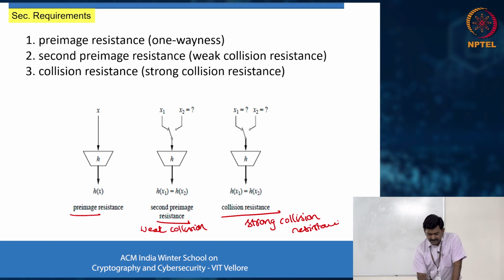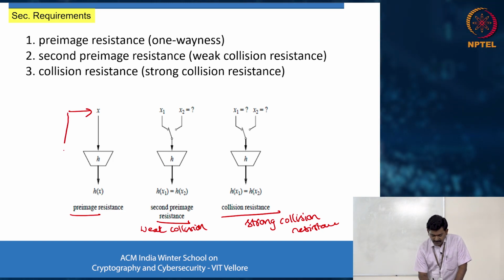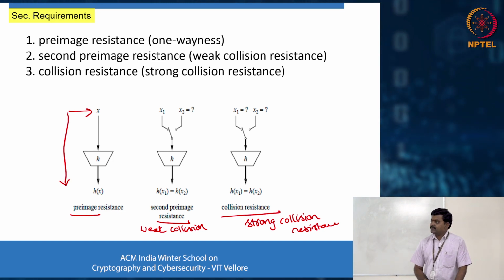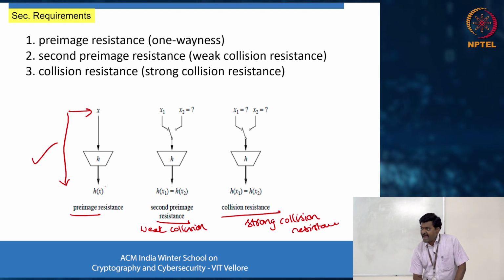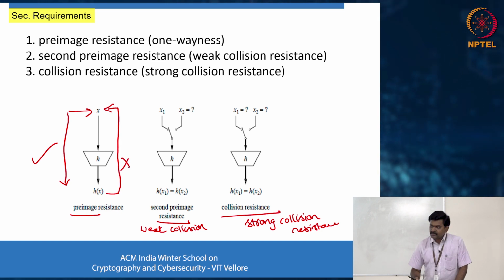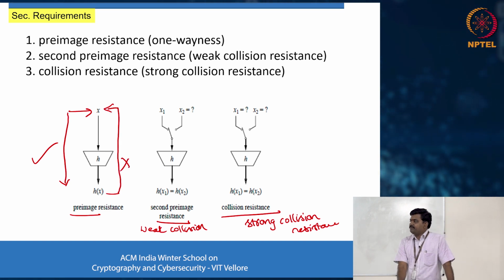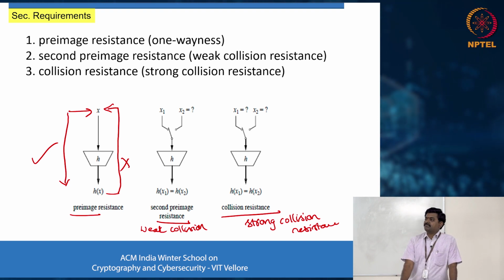Given x, calculating h of x should be computationally feasible, but having h of x, getting x should not be feasible. That is called pre-image resistance.